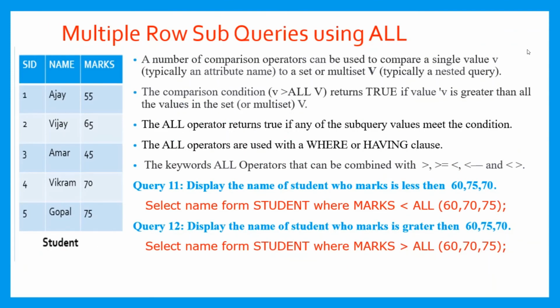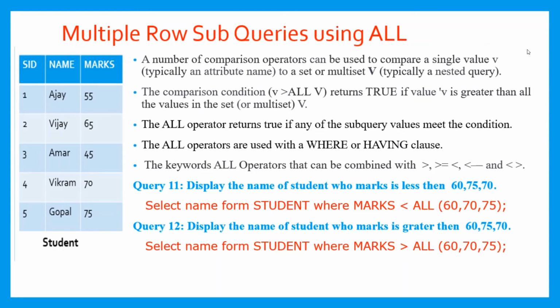In this slide, we are discussing multiple-row subqueries using the ALL operator. A number of comparison operators can be used to compare a single value V from the outermost query to a set or multiset from the innermost query.